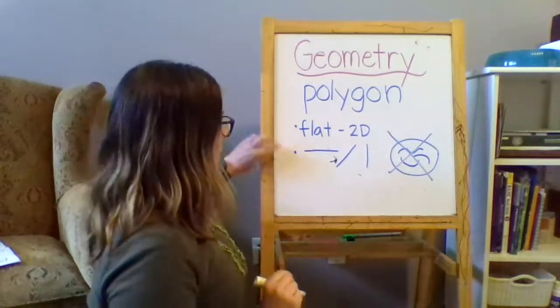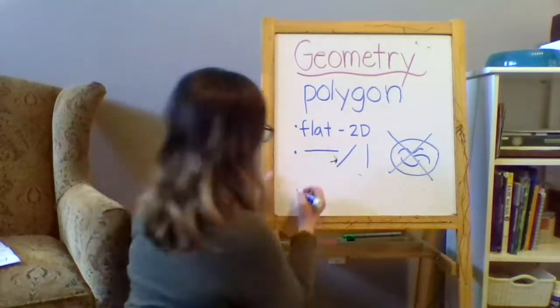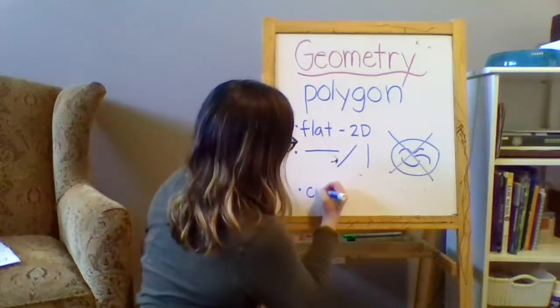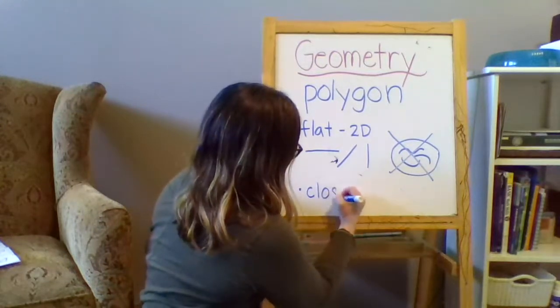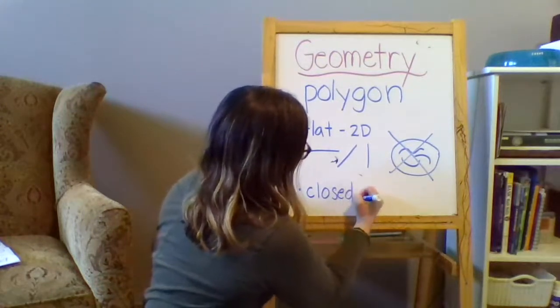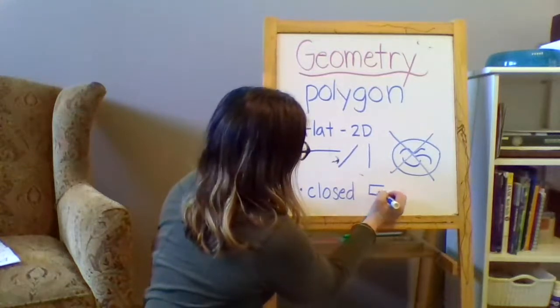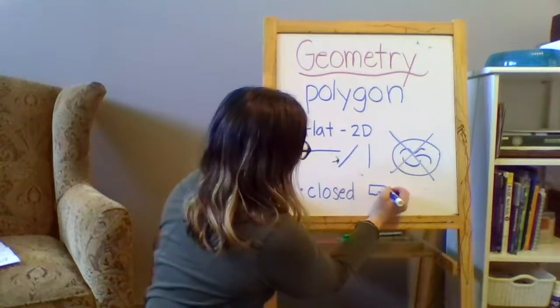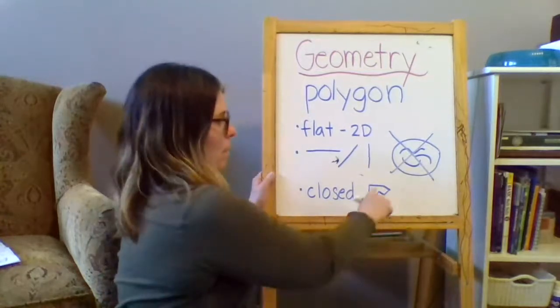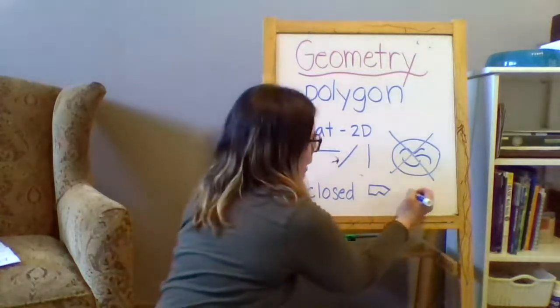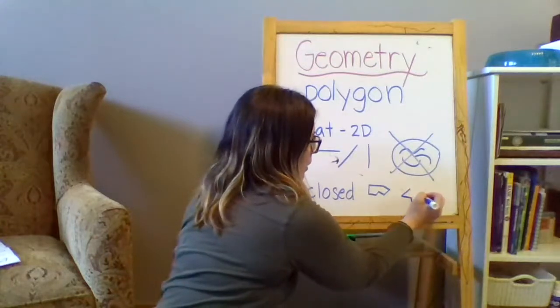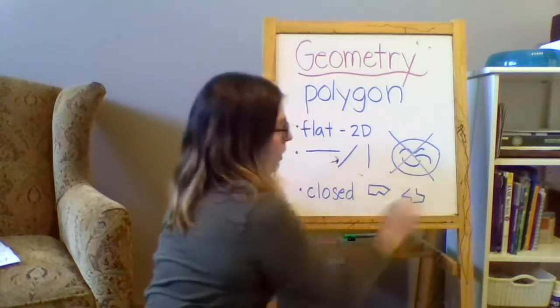They have to be flat, they have to have straight lines, and they have to be closed. Okay, so that means all these sides, no matter how many sides there are, have to close. So there has to be space in between. If it were like this, does that close?